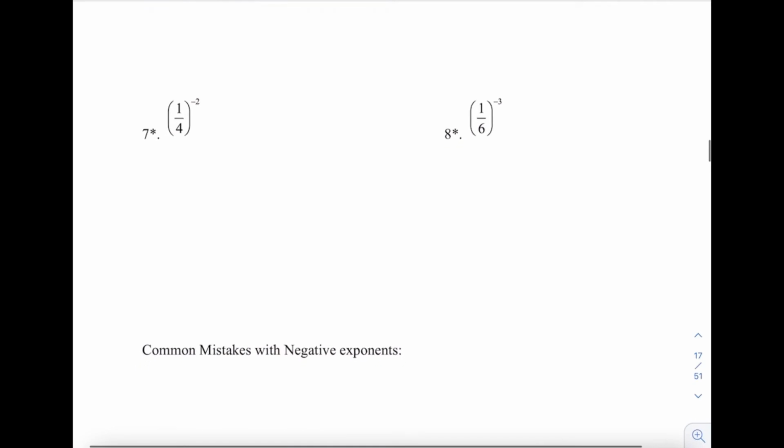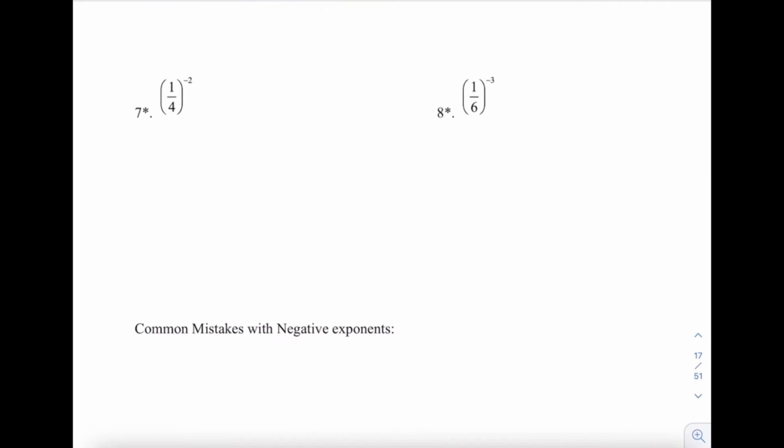Now for this one, the reason I put an asterisk beside both of these is because we're later going to learn, or we can do it now actually. So right now we know that this is the final answer, but what we want to be able to do is simplify this.